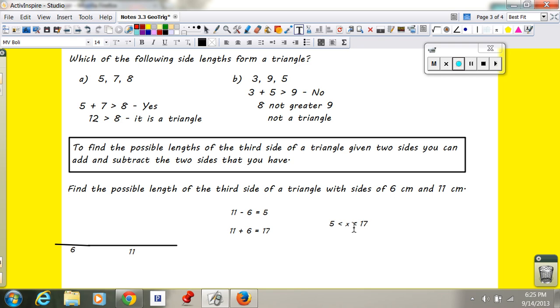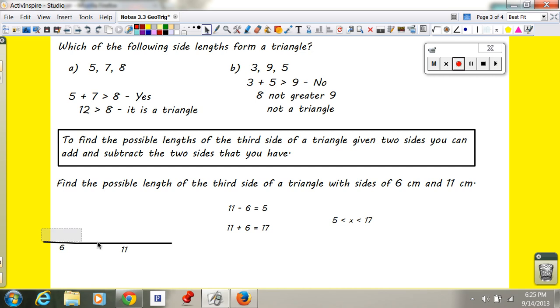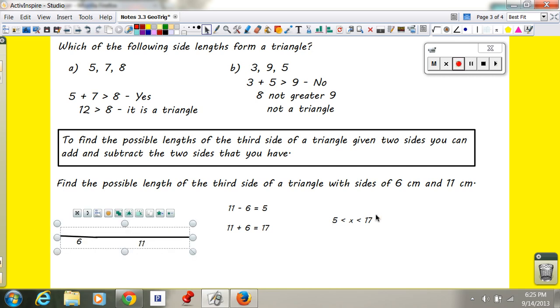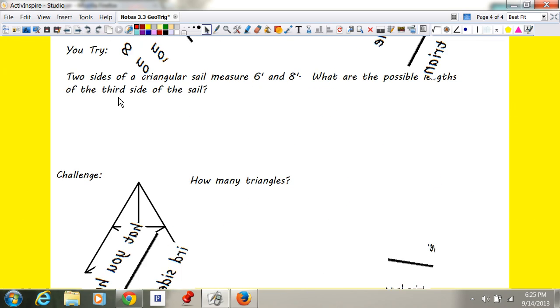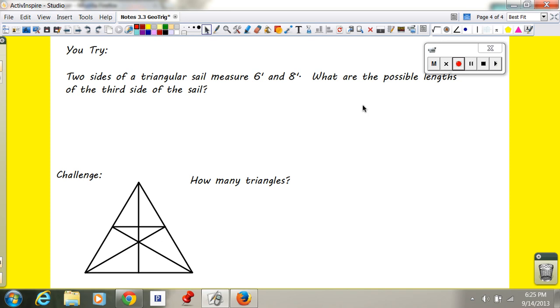And it has to be less than 17, because if it's more than 17, it'll extend way past these two. So the third side has to be somewhere in the middle of these two. It cannot be anywhere outside of those. It can't be less than 5, and it can't be more than 17. So let's apply that to this problem right here.